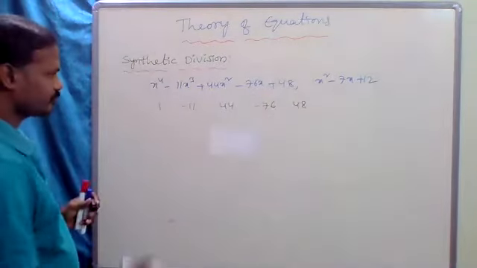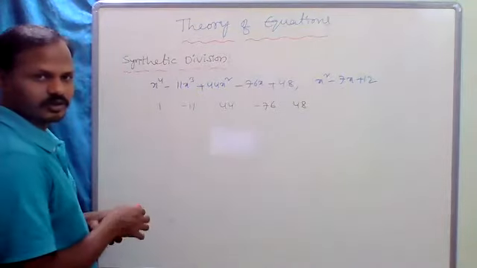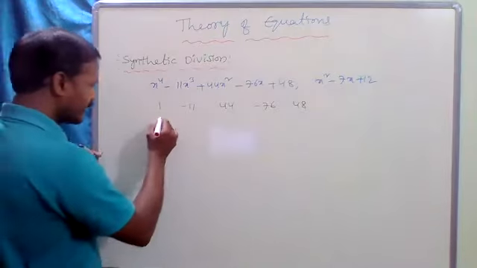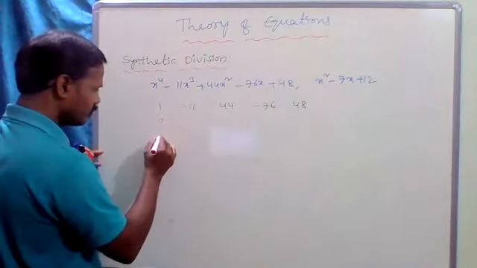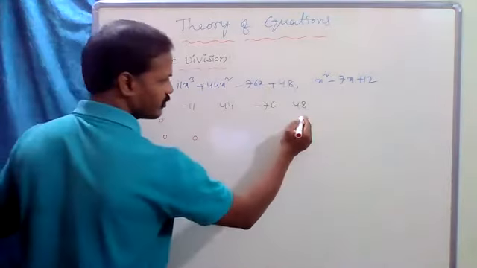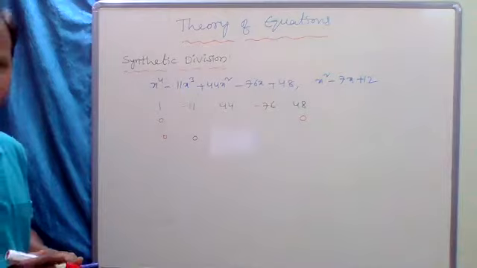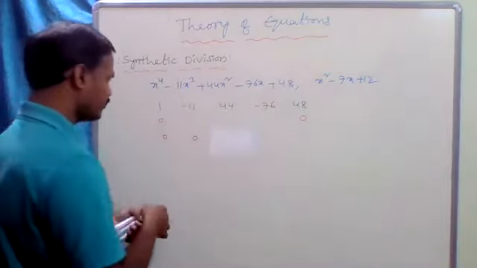Now what do you have to do? You have to write zeros in triangle shape here. 0, 0 and 0. And here 0. 4 zeros.